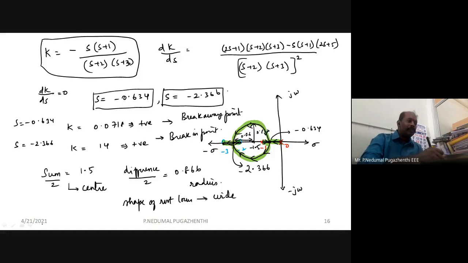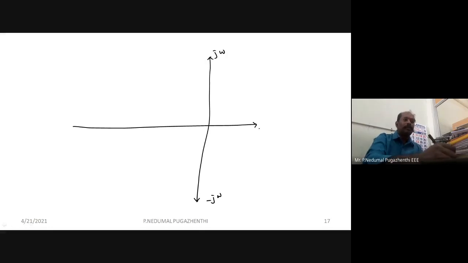Anyway, I will try to draw in a little bigger way so that all the markings are a little clear. j omega, minus j omega, sigma, minus sigma.